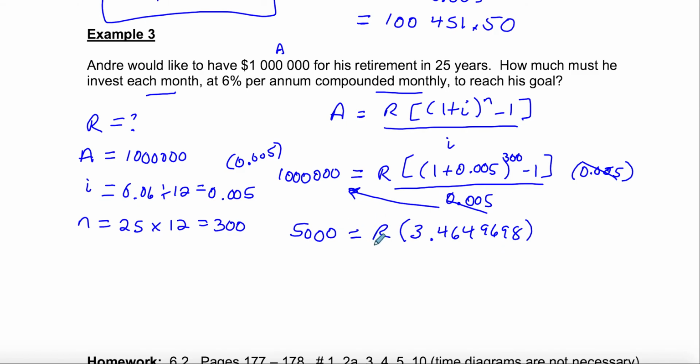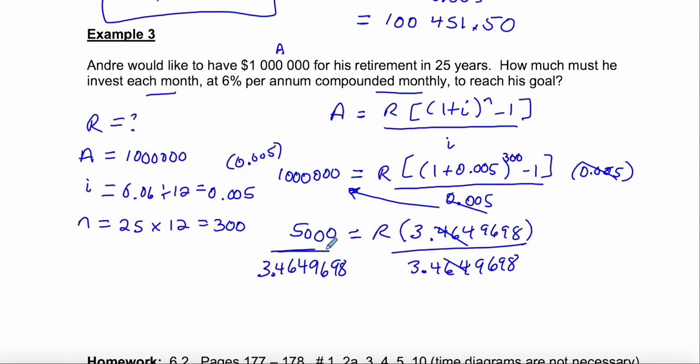Now what? We have to get the R alone. So do you see that we just have to divide both sides by 3.4649698? This is kind of working backwards to find the R. So if I divide that side, I'm able to find out what my regular payments should be.